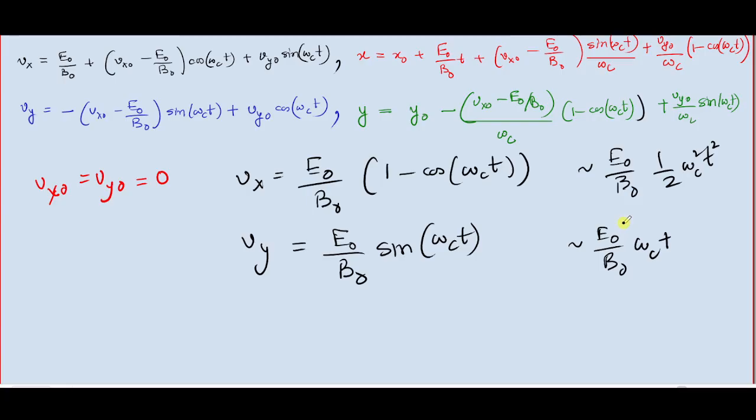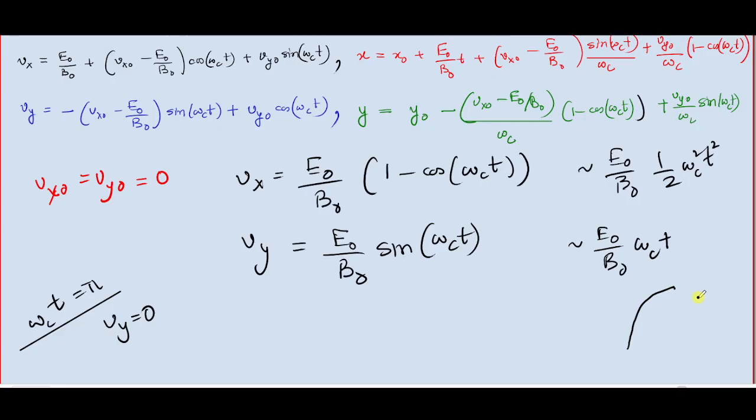On the other hand, as time increases, this thing, the sine, keeps on rising, but then reaches a maximum. The maximum value for Vy is of course E0 by B0, and then when omega ct reaches the value of pi, we have Vy equal to 0. That is where our motion becomes perfectly horizontal. That's the top of my cycloidal motion.